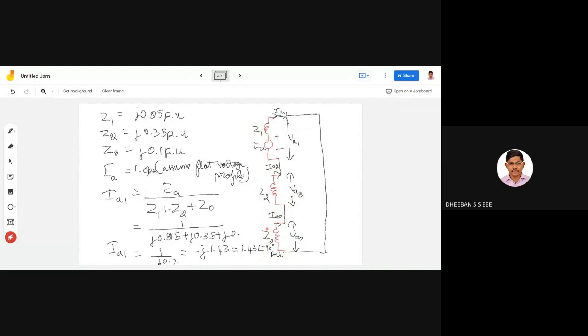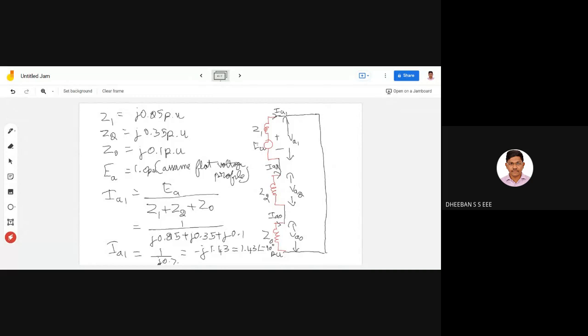What they have particularly asked to find is the subtransient current at the generator terminal. So you have to stick with respect to your IA1, since they have specifically asked about the subtransient current at the generator terminal.